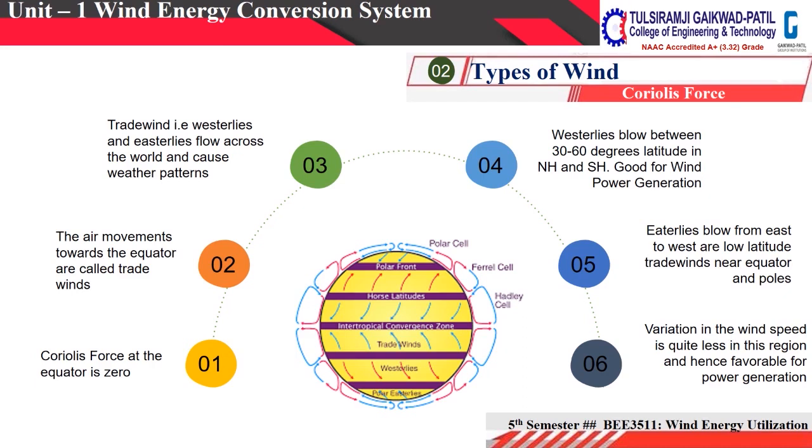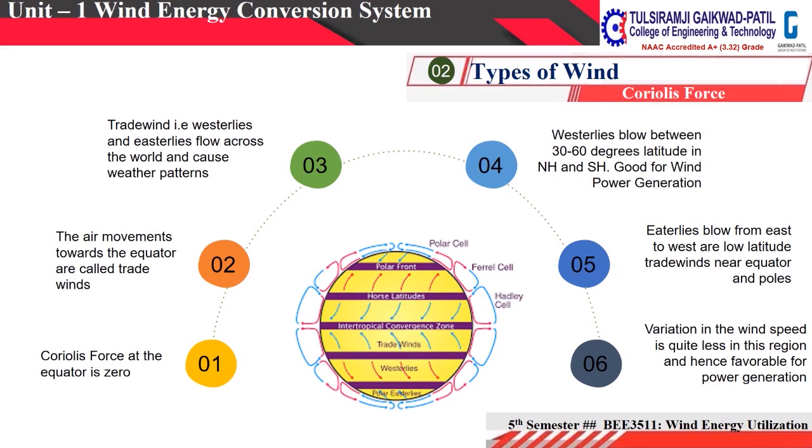Westerlies are the steady winds that generally blow between 30° and 60° latitude in both the northern and southern hemispheres. These are the winds that are good for wind power generation.